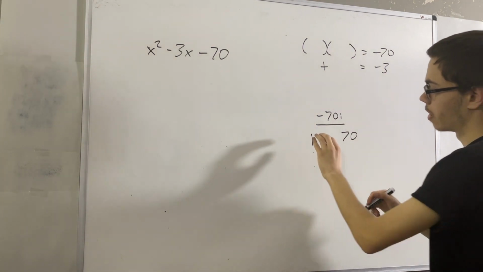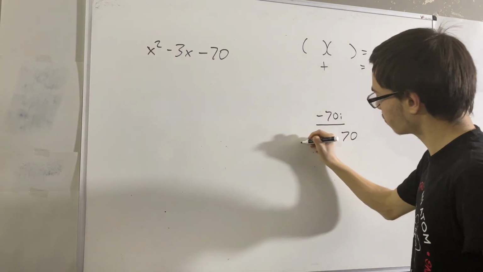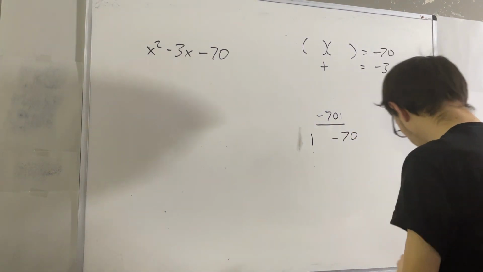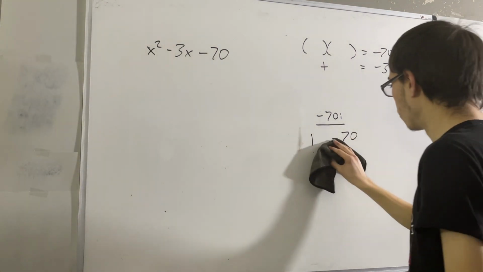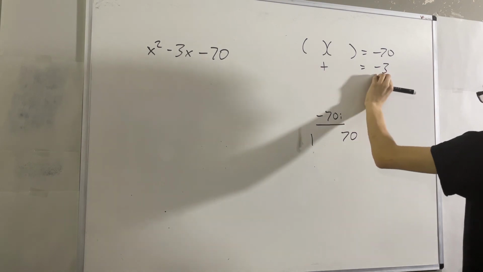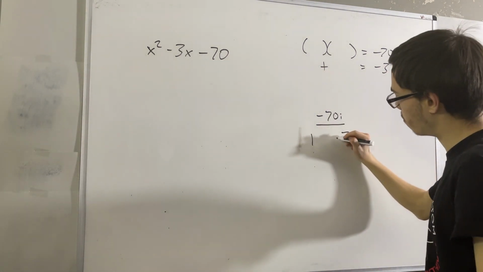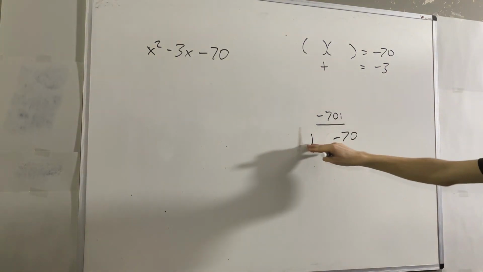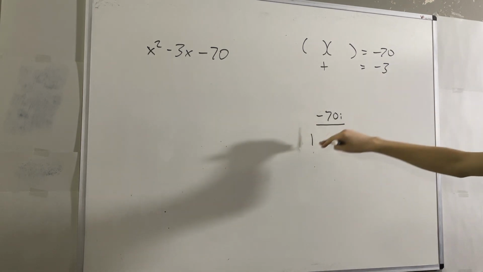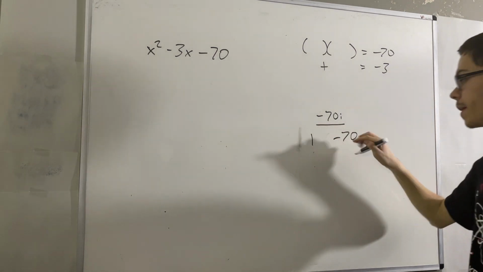So we could either make this -1, or we could make it -70. But since we want to assure that these two numbers add to make a negative number, we will make the bigger number negative. That suffices that these two numbers will add to make a negative number. Right? This doesn't add to -3 though, so we have to keep going.